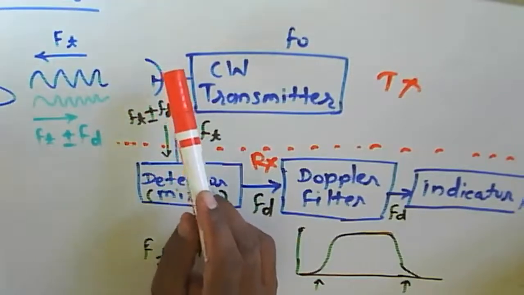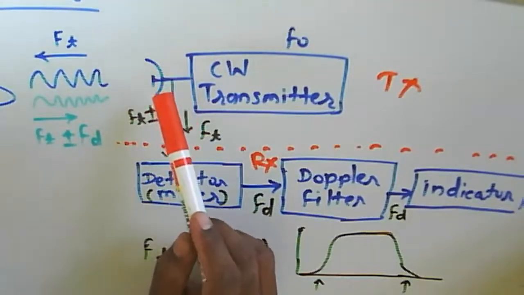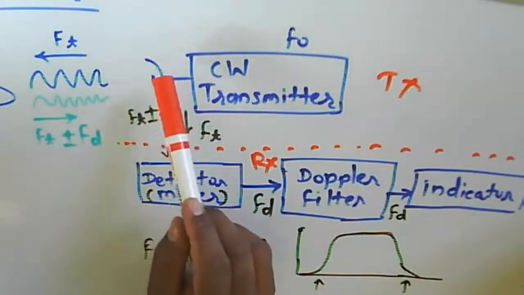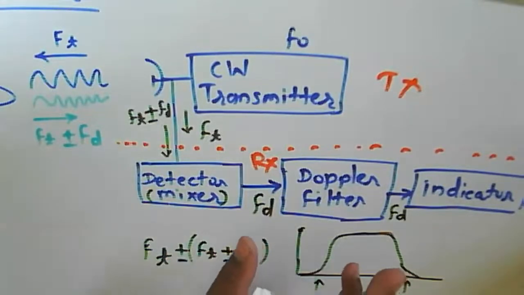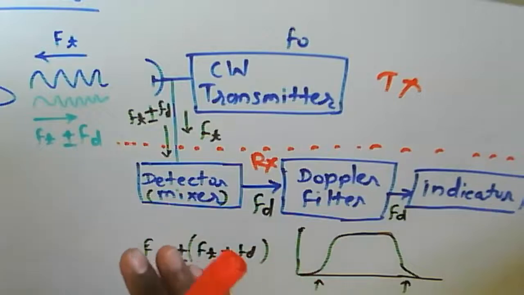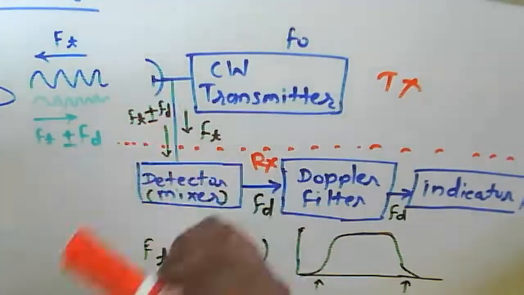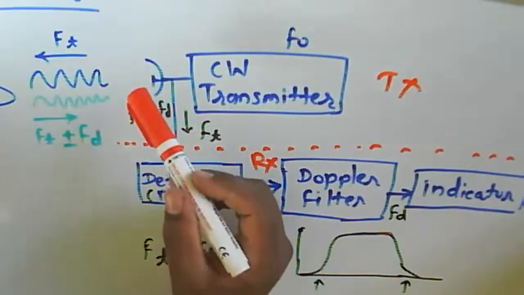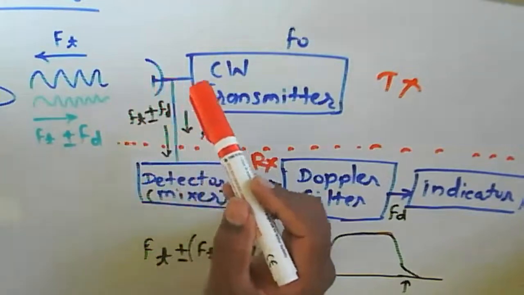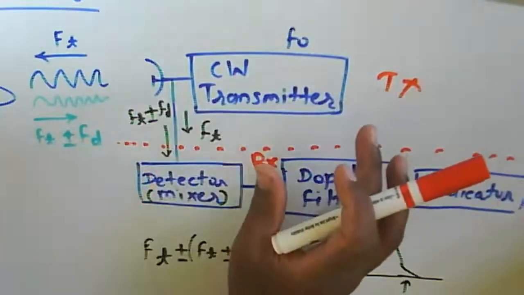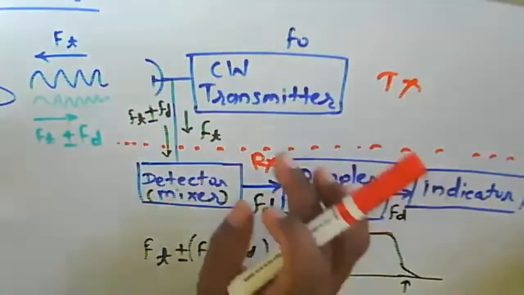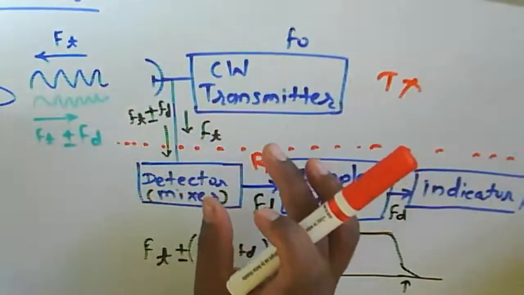For this isolation we can use different devices, such as a T or a circulator, or we can use a separate transmitting antenna and a separate receiving antenna. These are the different ways to achieve isolation between the transmitter and the receiver.